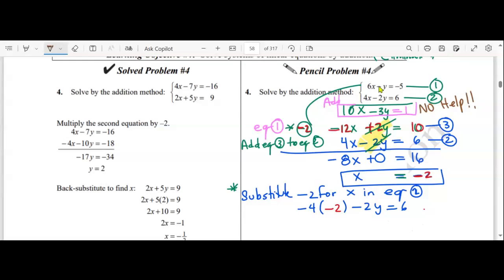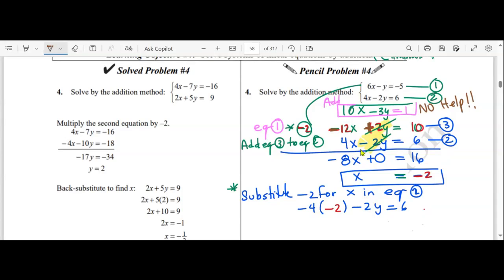So if I multiply the first equation by -2, what will the answer be? Let's do it together. -2 times 6, -12. -2 times -1, +2. -2 times -5, 10.